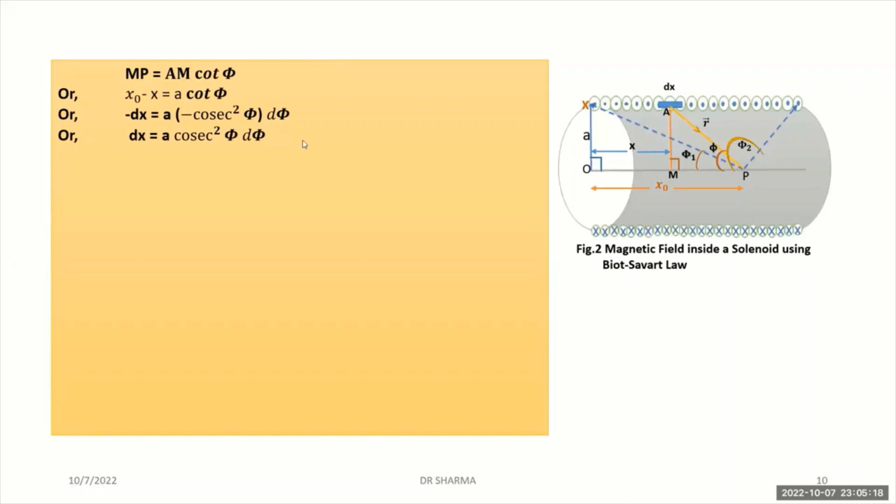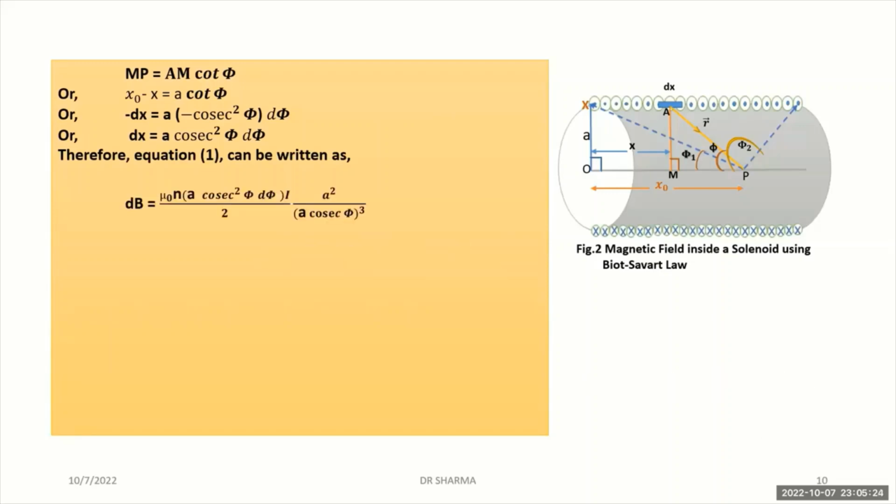Now you can substitute the variables in equation 1 and get the expression as mu naught n I, and in place of dx we substitute a cosec square phi d phi, and in place of r substitute a cos phi.